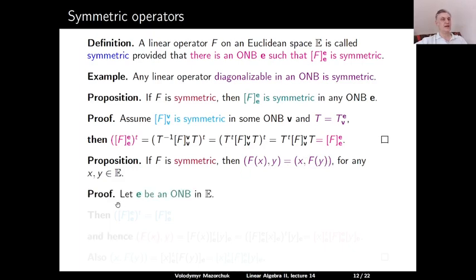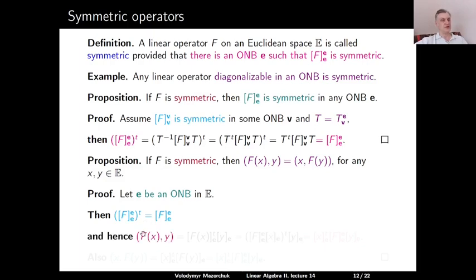Proof. Let us choose some ONB E in our Euclidean space. Then we know that f is a symmetric operator, and we have just seen that the matrix of our operator f in this ONB E will be symmetric.